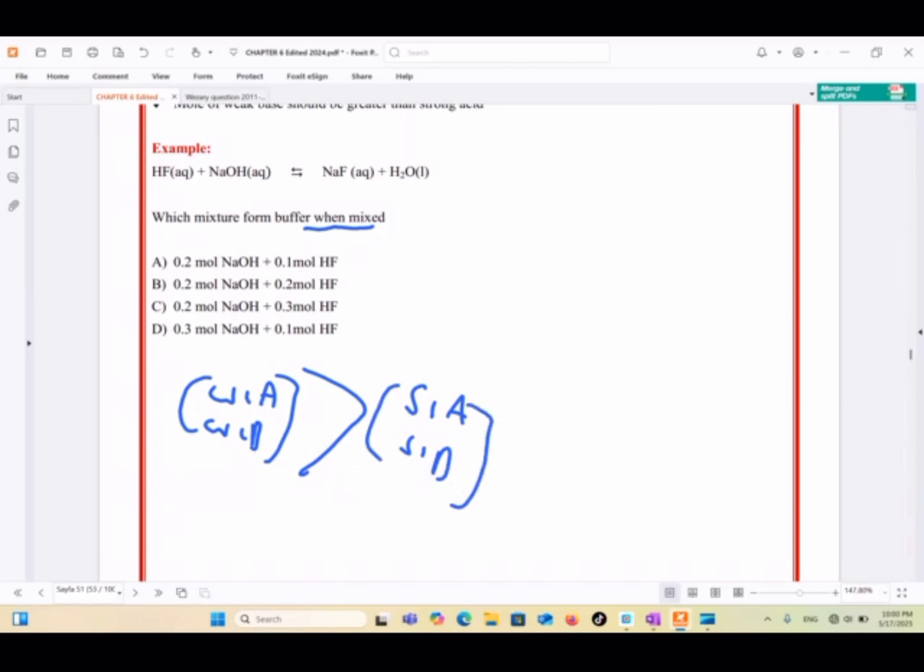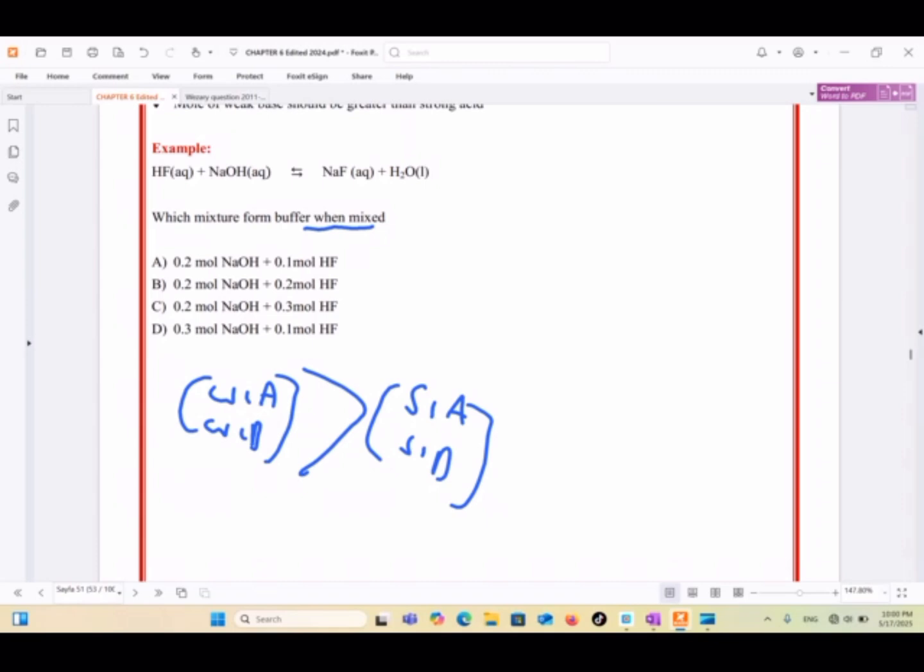And be careful, guys, the weak and the strong should always be opposite to each other. A weak acid with a strong base, a weak base with a strong acid. They should not be the same, weak acid with a strong acid or weak base with a strong base.